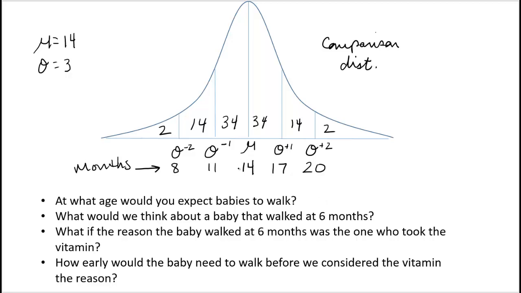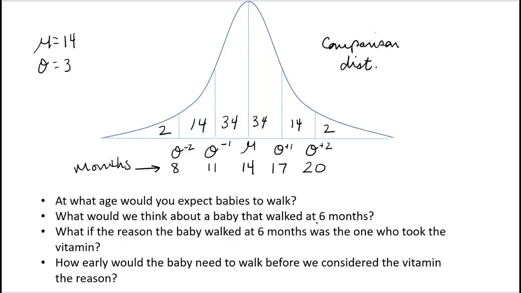Generally, you can say that 96% of the babies would walk between 8 and 20 months, because we know that 96% of the scores fall within 2 standard deviations, plus or minus. Some people might say, yeah, but we know that 68% of the babies, so even more than half, will still walk between 11 and 17 months. So we expect babies to walk at a certain age based on our comparison distribution.